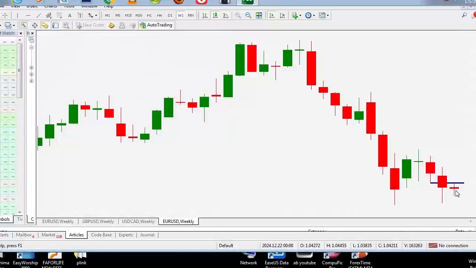So ICT teaches this as a support and resistance level. In this case, price is about to open here for a fresh week. So if the week opens and then we see price rally in the first days of the week upwards to the fair value gap here, then we can go down to a lower time frame like the 4-hour chart.